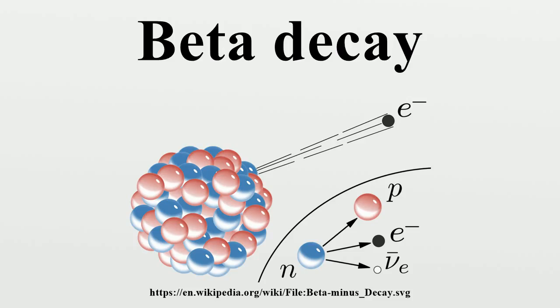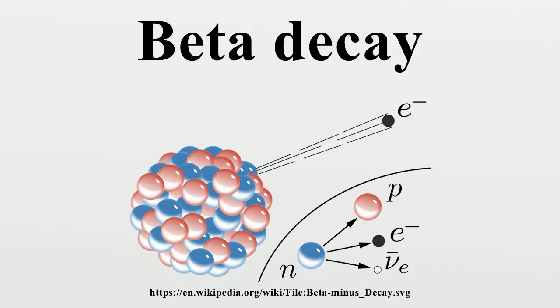Beta emission spectrum. Beta decay can be considered as a perturbation as described in quantum mechanics, and thus Fermi's golden rule can be applied. This leads to an expression for the kinetic energy spectrum N of emitted betas as follows, where T is the kinetic energy, C_L is a shape function that depends on the forbiddenness of the decay, F is the Fermi function with Z the charge of the final state nucleus, E equals T plus mc^2 is the total energy, p equals the square root of E^2 minus m^2c^4 over c is the momentum, and Q is the Q value of the decay.